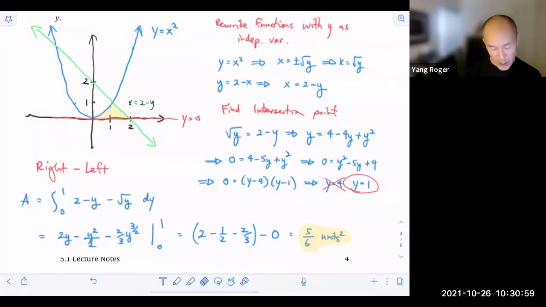We don't want to use x squared because x is not our independent variable. y is our independent variable. So this is going to be x equal to the square root of y. And then we just subtract each of those, find the antiderivative, plug in the result, and you get the same answer.